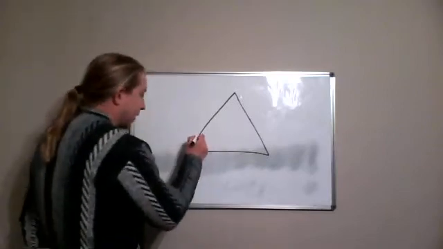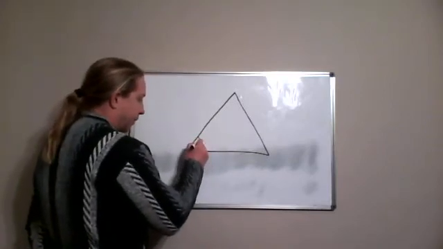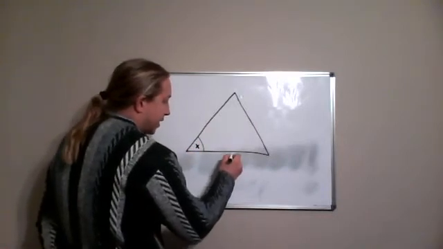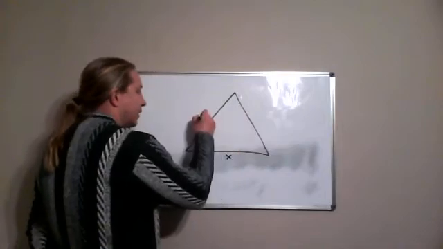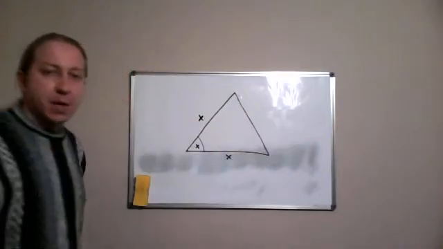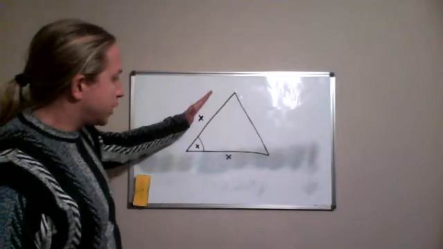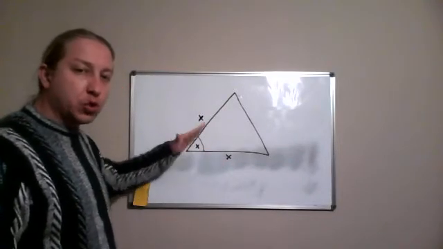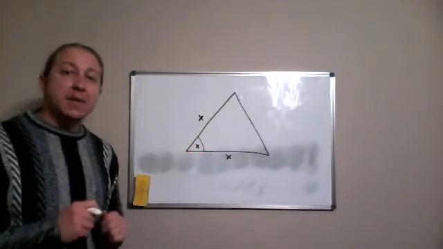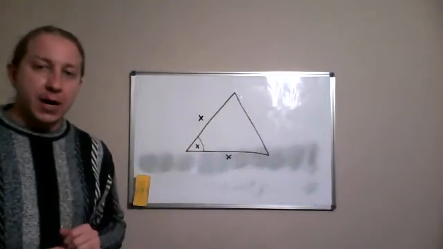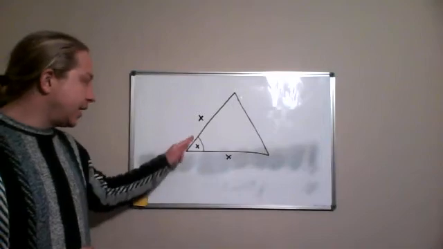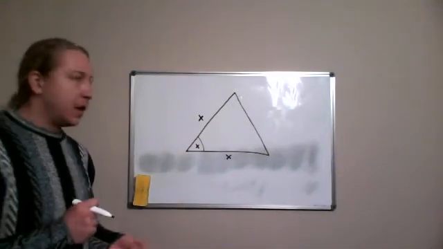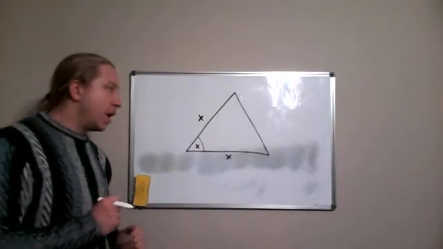So let's say I give you this angle over here, and I give you this side here and this side here. So if I give you two sides where the angle is wedged between the two sides, then that means that we're going to have a unique triangle, meaning that with exactly the same measurements, we can't draw another triangle that will look different to this one.